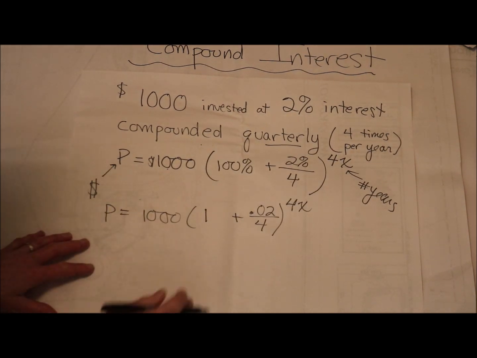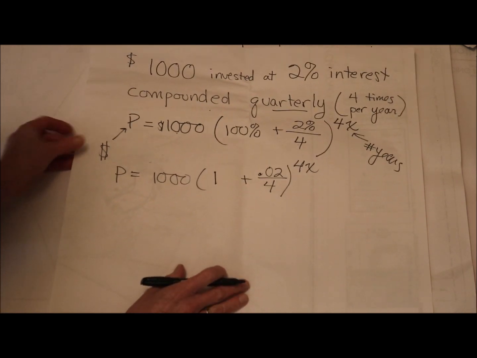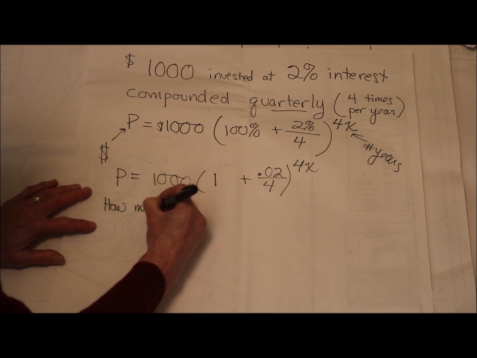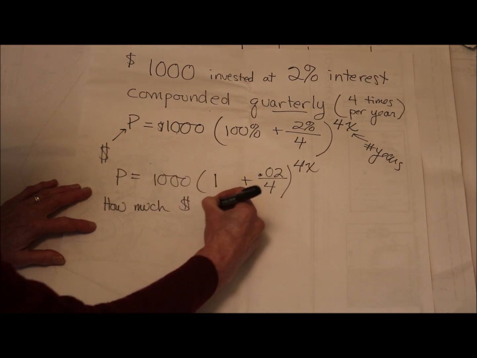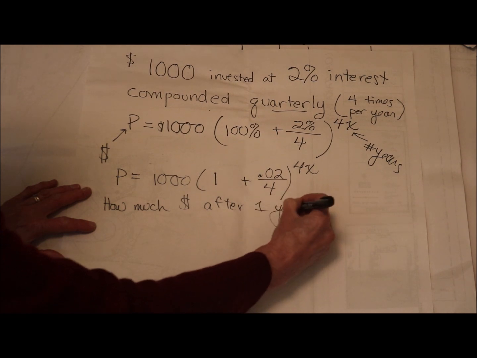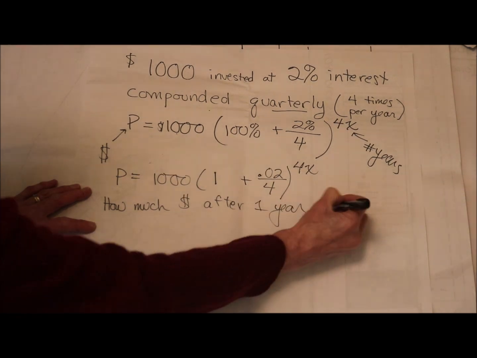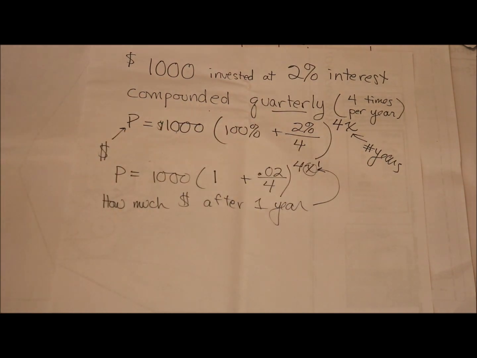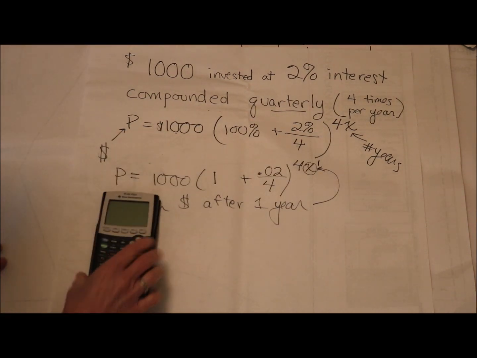So if I asked how much money would I have in my account after 1 year? After 1 year. Well, let's put 1 in for my X, and then let's grab our calculator and actually put this in.